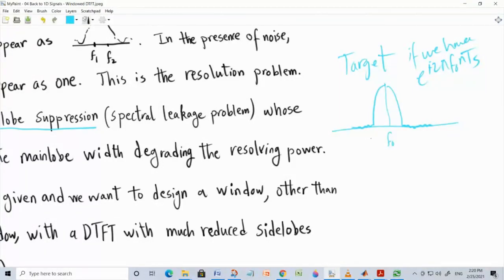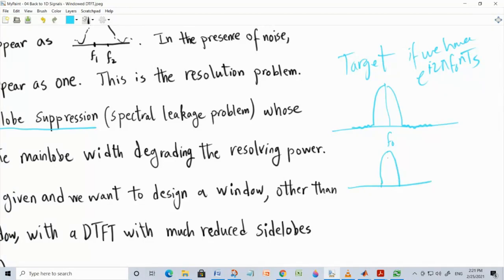In this course, the applications of interest to us are applications in which we are not really interested in resolving power, or distinguishing between close frequencies. We just want, if we have a sinusoidal component, when we take the windowed DTFT, to have something that looks like this, not that looks like this.